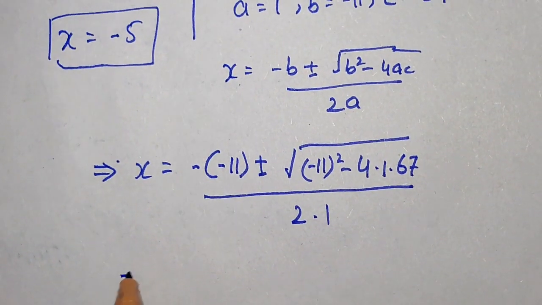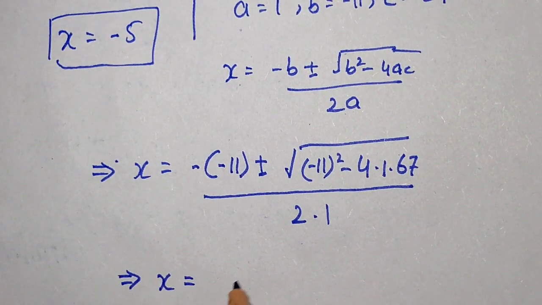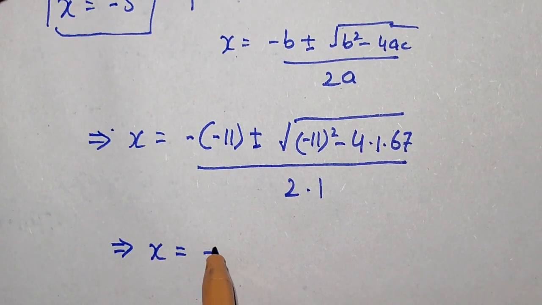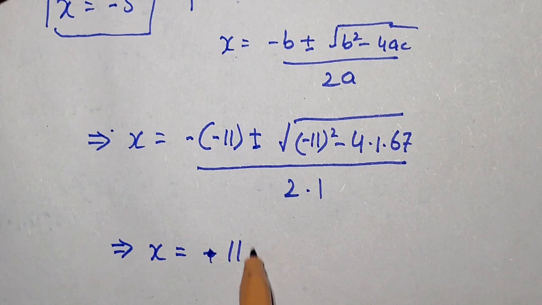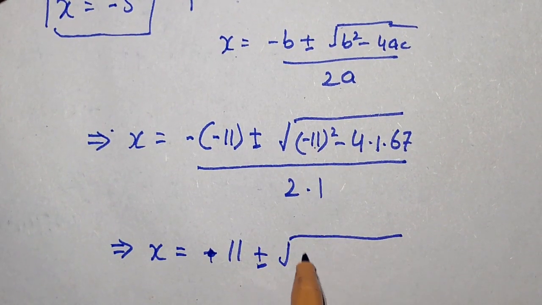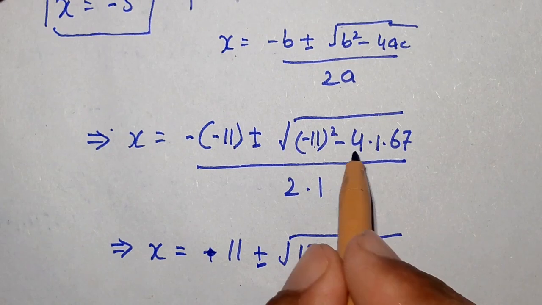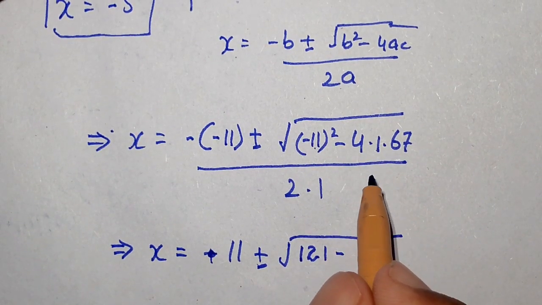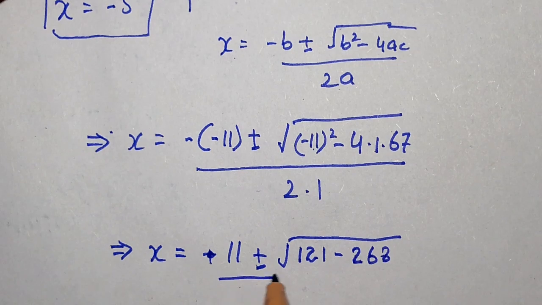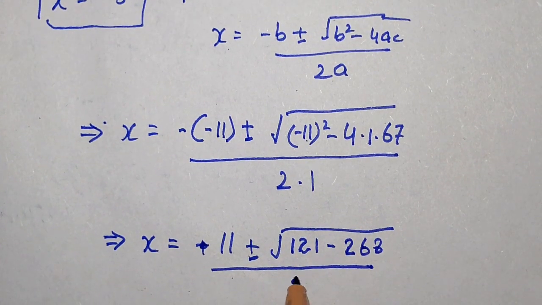In the next step, x is equal to, minus times minus is equal to plus, so plus 11 plus or minus the square root of 11 times 11, this is equal to 121, minus 4 times 67, this is equal to 268, divided by 2 times 1 is equal to 2.